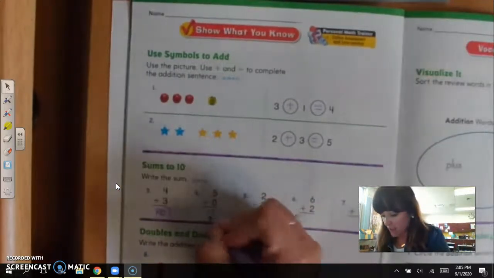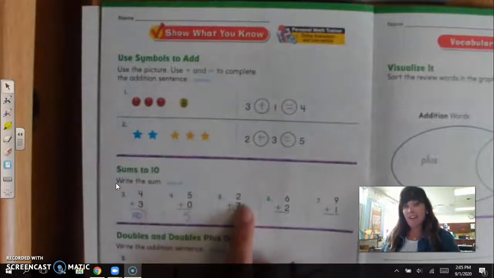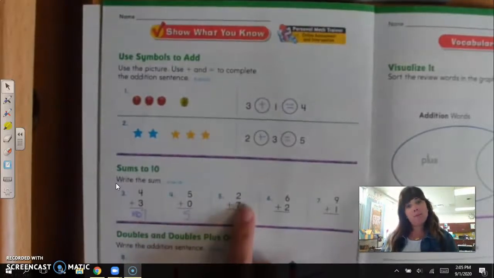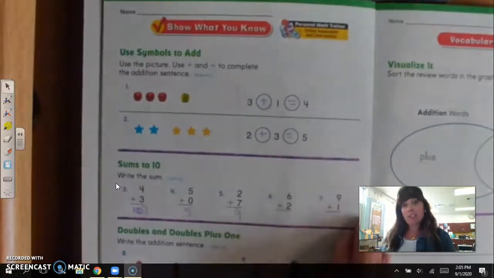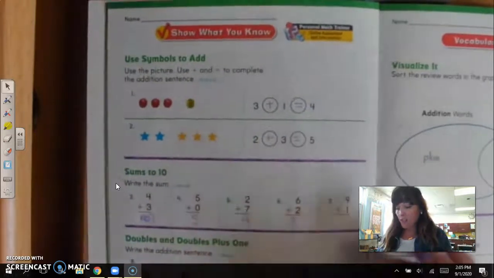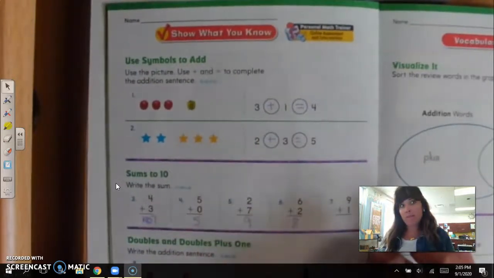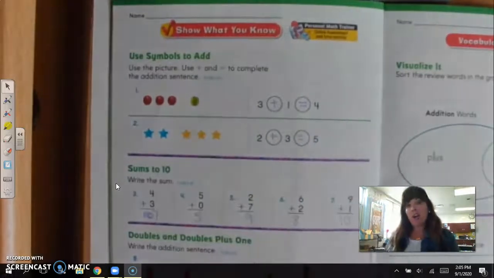If we got 5 plus nothing, it's got to be 5. 2 plus 7, add that up. 9. 6 plus 2, 8. And 9 plus 1, 10.